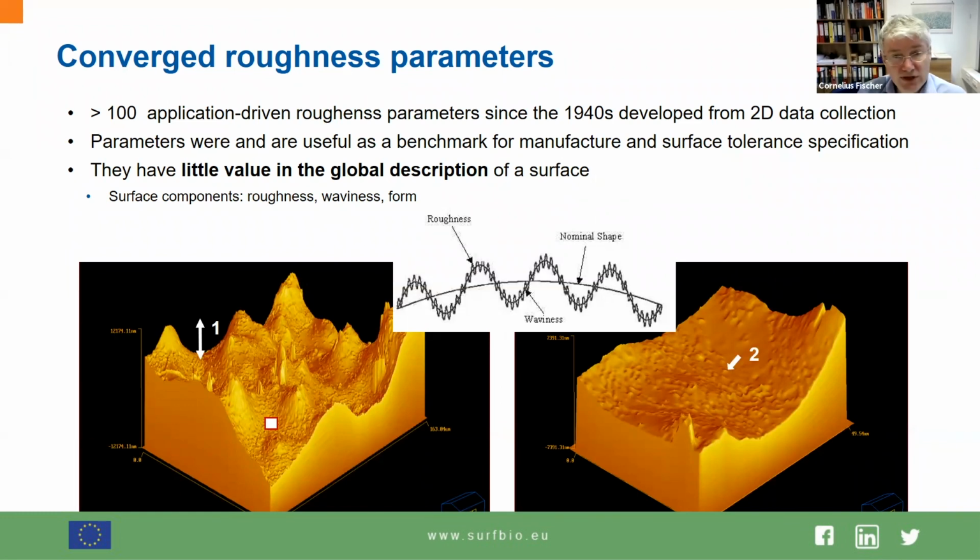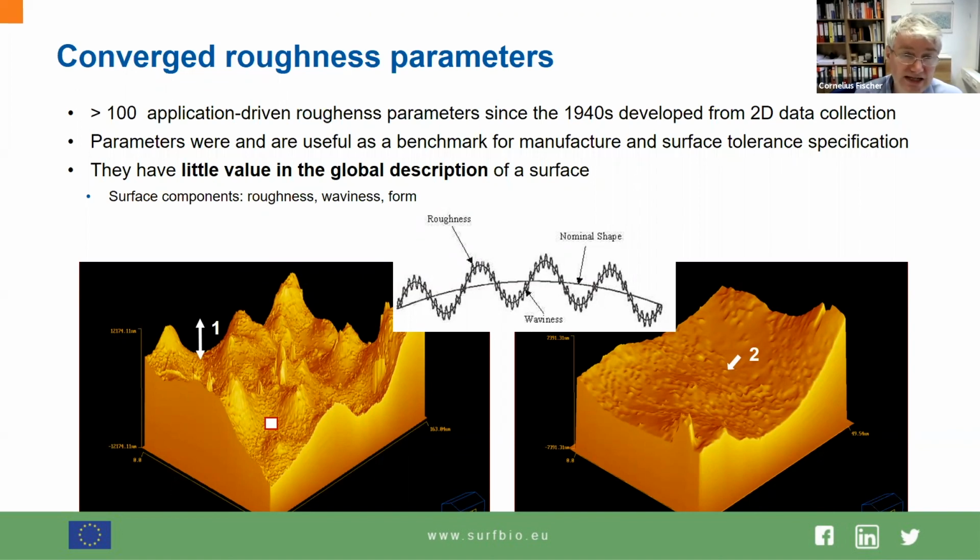So there's a second point that we need to touch on. It's about so-called converged roughness parameters. There are a lot of parameters around, and for comparison, you also talk about the superimposition of different surface building blocks. And that's something that's really important if you're going to analyze your surface topography data.